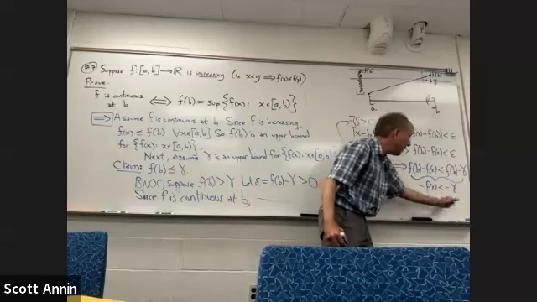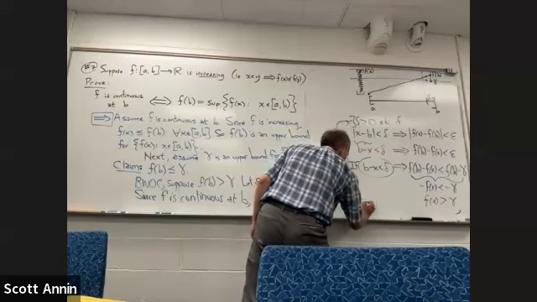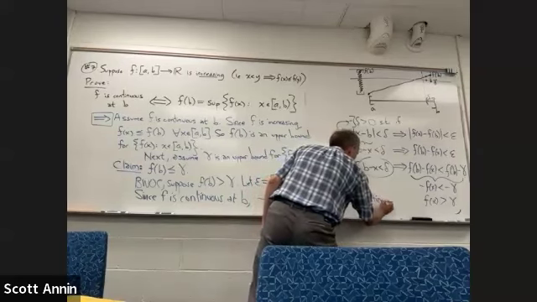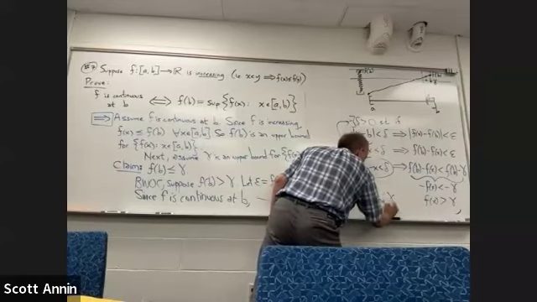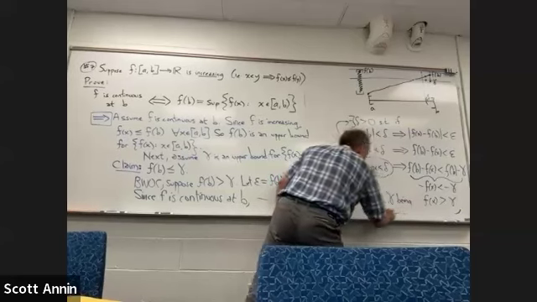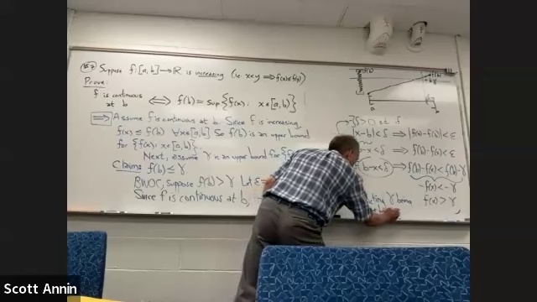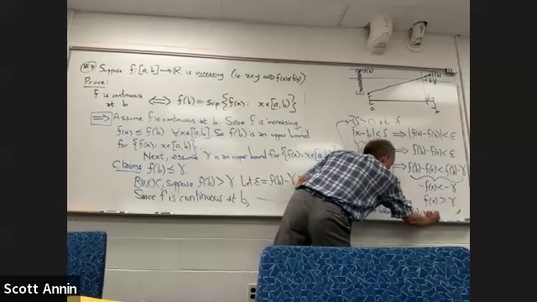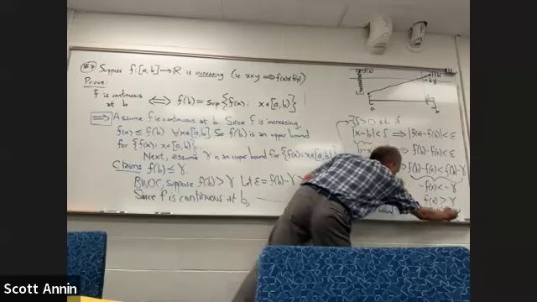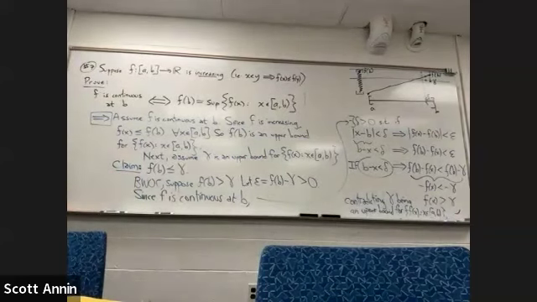We have now proven that f of x is bigger than gamma, contradicting gamma being an upper bound for the set of those f of x's where x is in the interval from a to b. And so that's the contradiction. So we're doing this forward direction by way of contradiction.